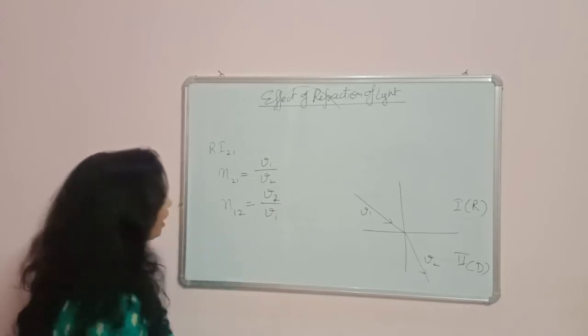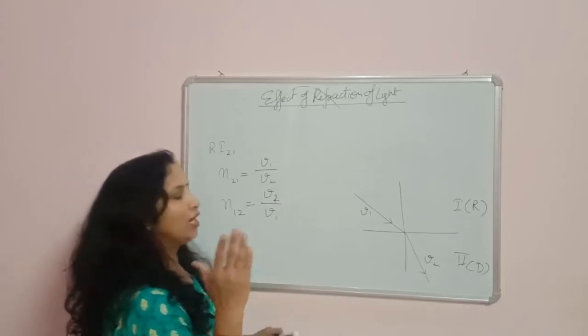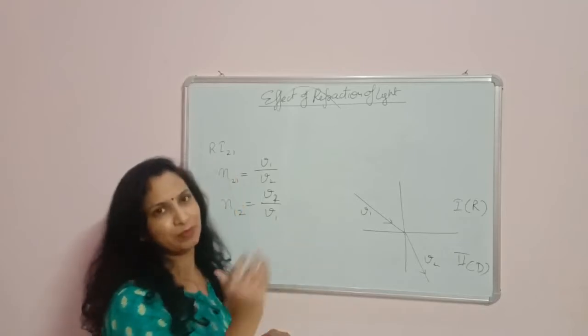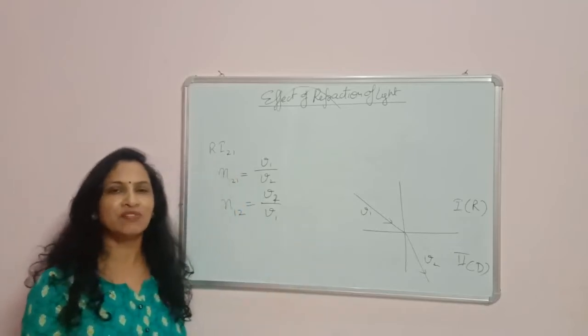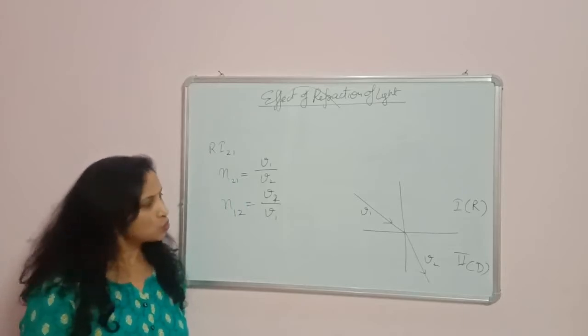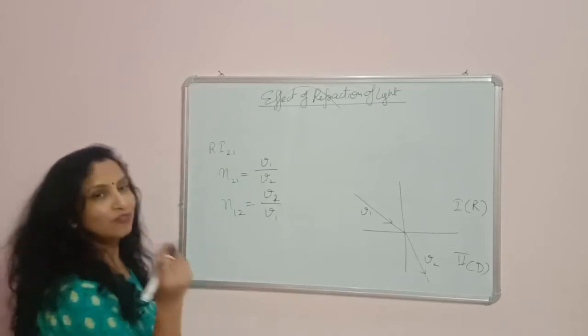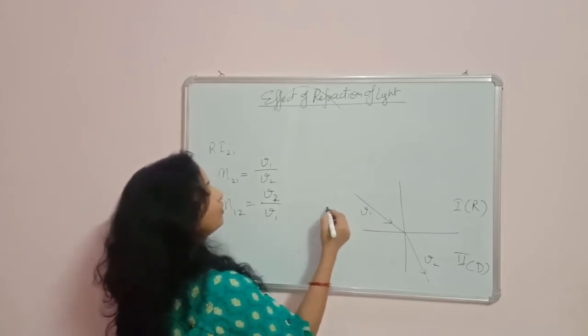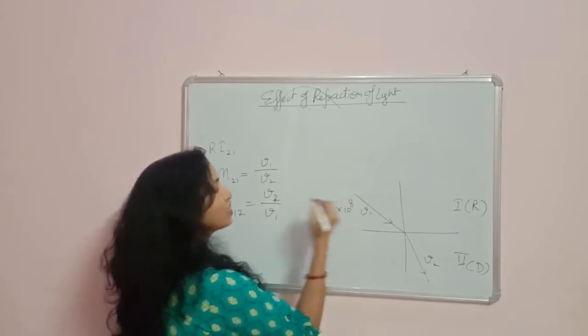Okay, one more thing I am going to explain to you. How can you differentiate between the rare and the denser medium? We know that the rare medium is the one in which the speed of light is greater as compared to the denser medium. For example, in air the speed of light is 3 into 10 power 8.